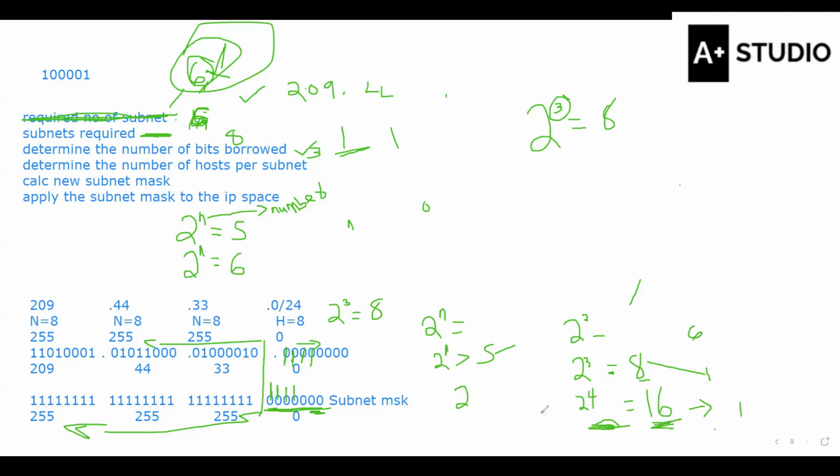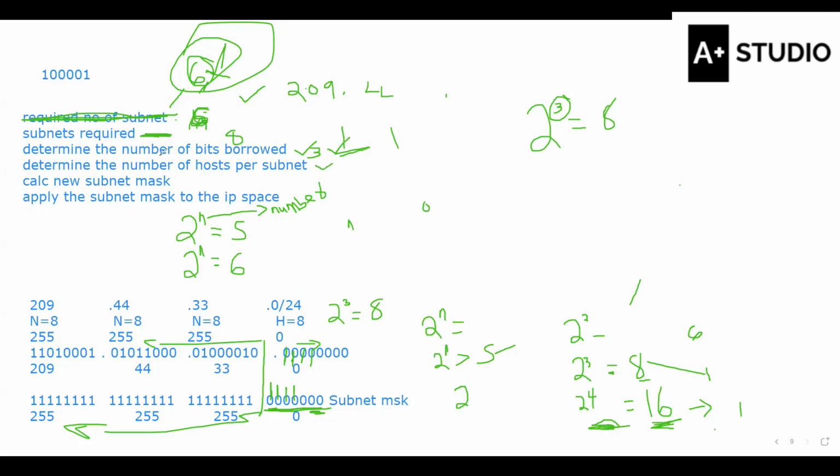That was the reason why I did that. So it is 3, not 4. Out of this, we borrowed 3 bits. So only 3 bits borrowed. And that question 2 is also done.